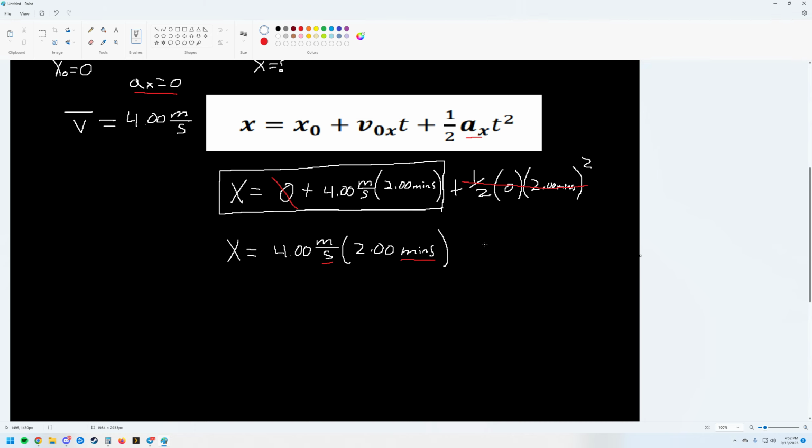Obviously, there are 60 seconds in a minute, but just for practice, you multiply by 60 seconds over 1 minute, so the minutes cancel out.